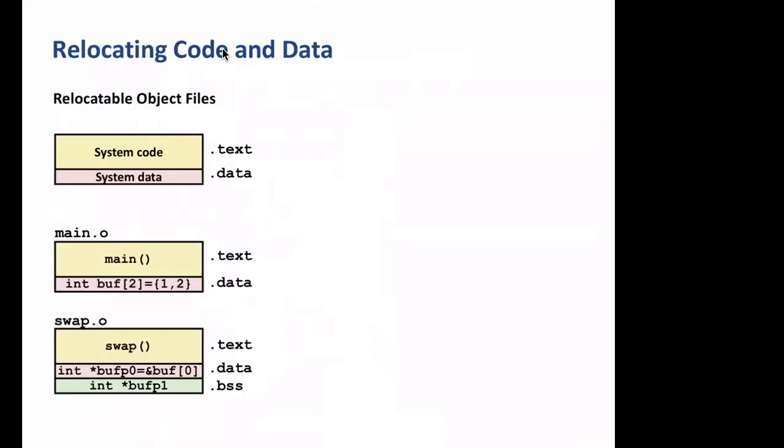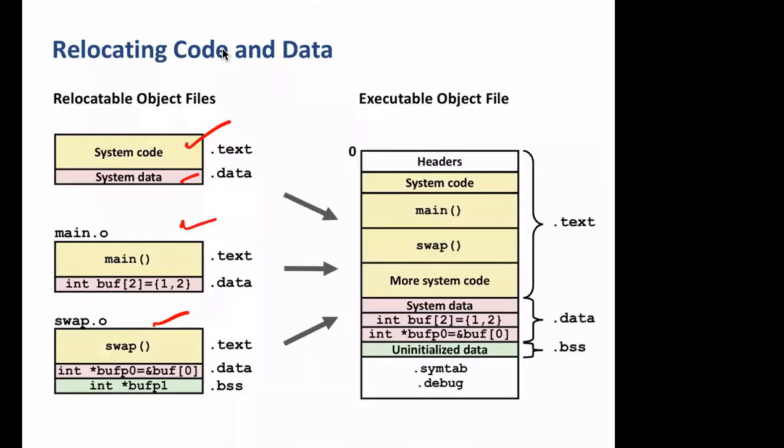So now we have three relocatable objects, basically three programs. The relocatable objects are of this form: system code and data, and then we have two here, main and swap. Then we combine these relocatable objects and create this kind of executable file. So basically we have a text portion and a data portion as part of the ELF file, for main.o, similarly for swap.o.